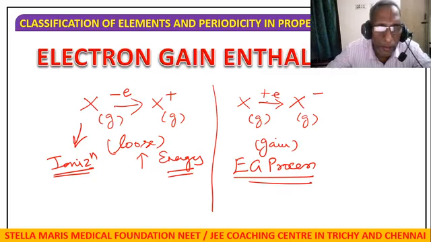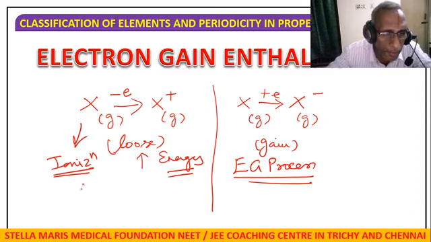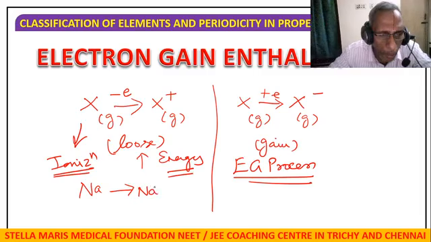But in the case where an electron is gained by an atom, let us consider the example. Sodium loses one electron. For losing, it will not automatically lose. You have to supply energy. You have told that sodium is not stable. Sodium plus is only stable.